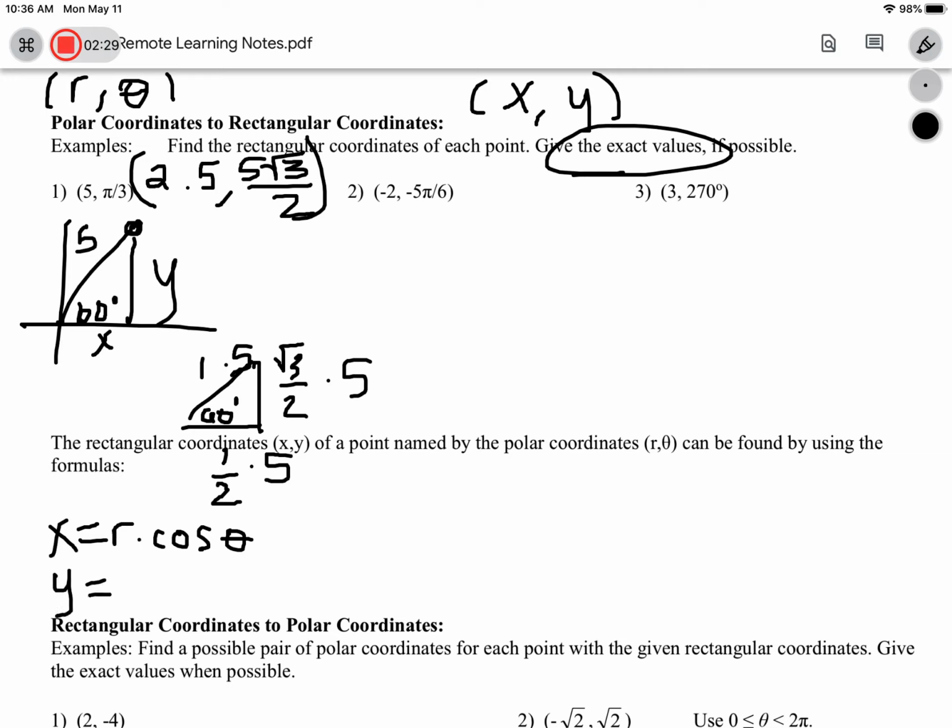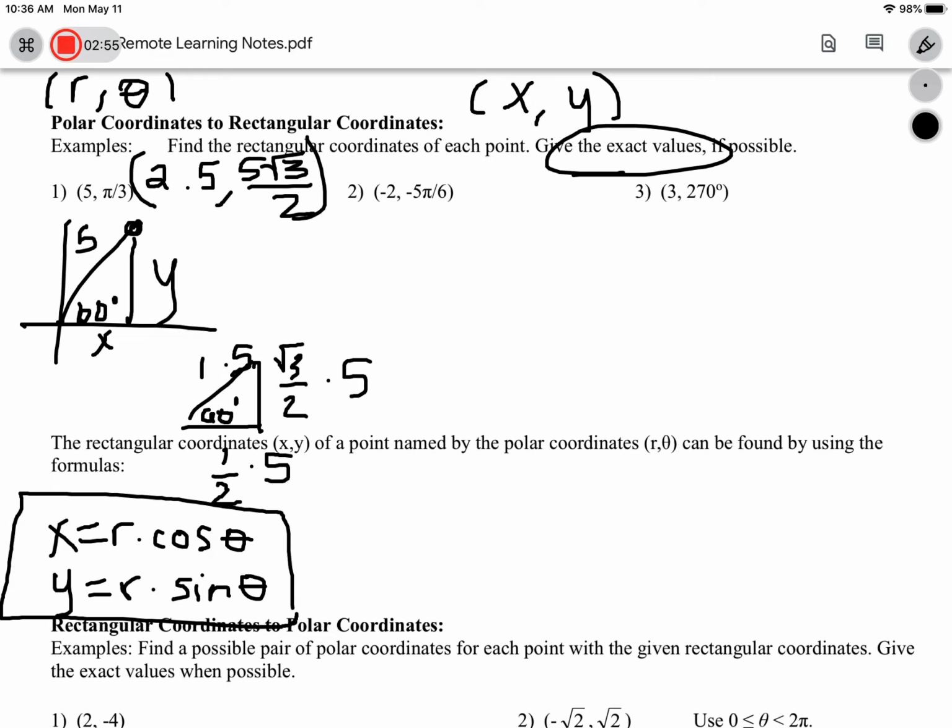And to get the y, we took the radius and multiplied it by the sine of theta. So if you had gone in the calculator and typed in 5 times cosine of 60, it would have given you 2.5. If you had done 5 times sine of 60, it's going to give you whatever decimal 5 root 3 over 2 is. So this is what will always work. But if you do want exact values, you might need to think about it like the unit circle.